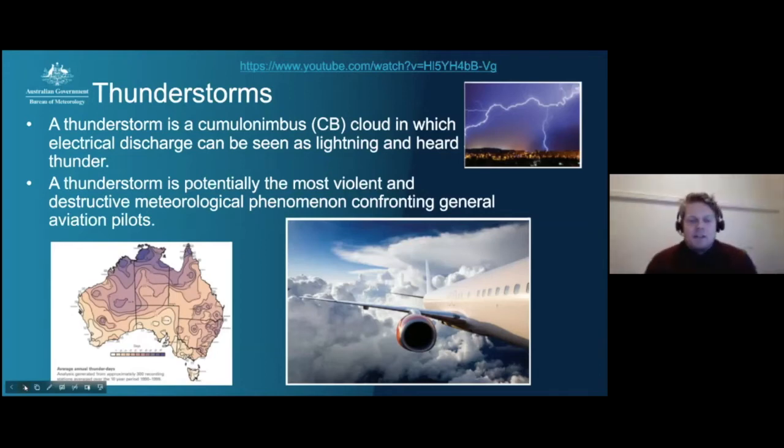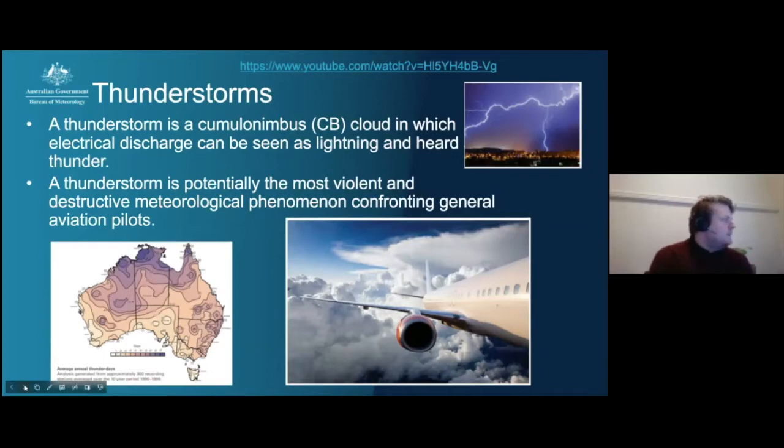And then what we call a trigger is something like a trough or a sea breeze front, something that lights the fuse and gives it that little nudge to get it going. So those higher numbers in the northern part of Australia are largely due to that extra moisture being present through the atmosphere.